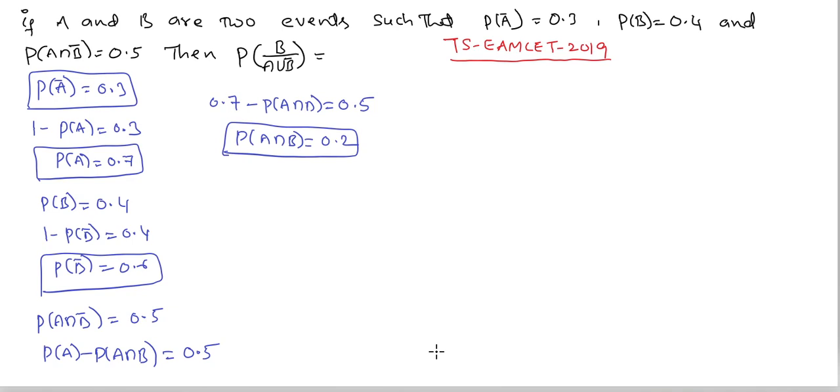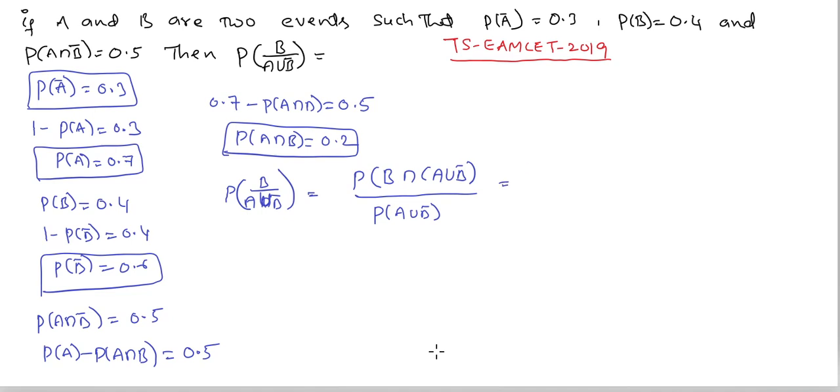Now we find P of B by A union B bar, that is equal to P of B intersection A union B bar, divided by P of A union B bar.